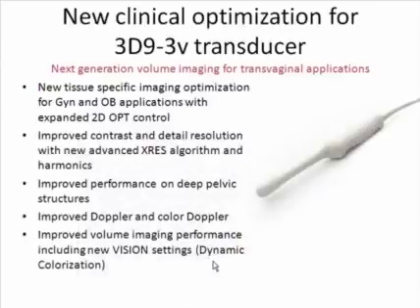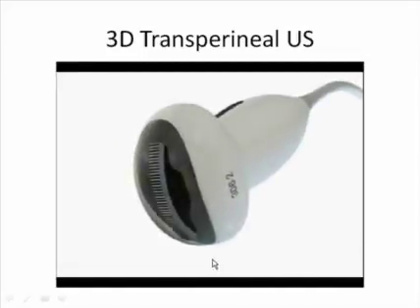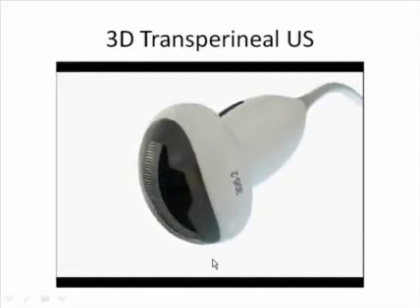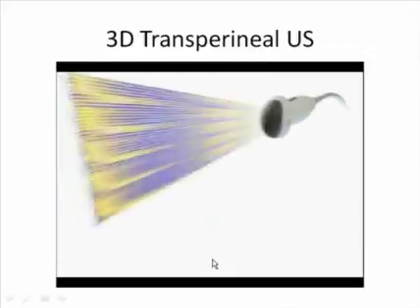Now, we can also use, depending on the surface that we're imaging, the transvaginal probes. And this is a picture from the Philips company of their new 3D 9-3 transducer, which allows us to image in 3D. This, on the other hand, is the larger transperineal probe used in obstetrics.